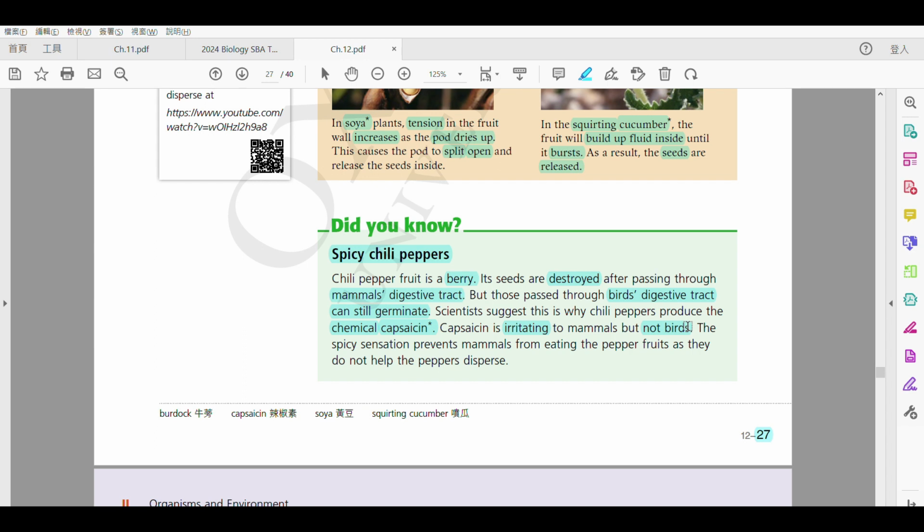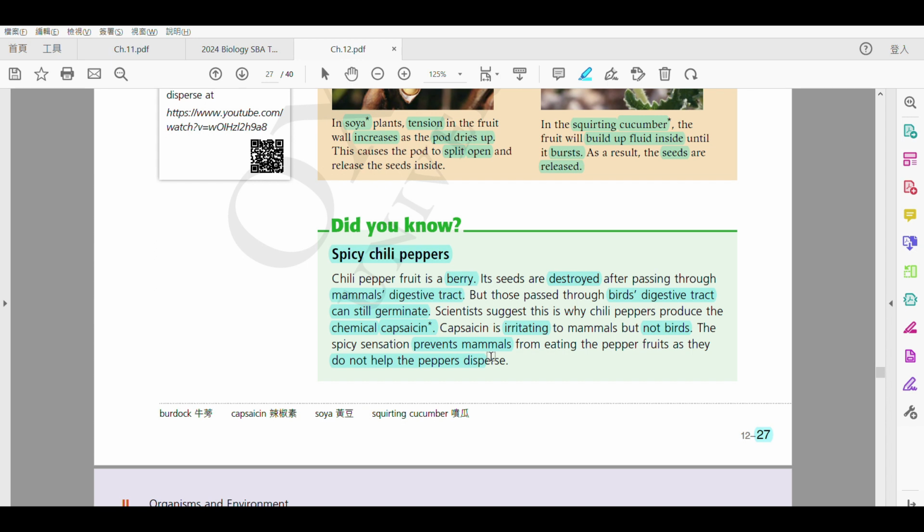Okay? So this capsaicin will prevent mammals from eating pepper, but it will not prevent the birds from eating them. So why do they want to prevent the mammals from eating them? Because the mammals do not help them to disperse.